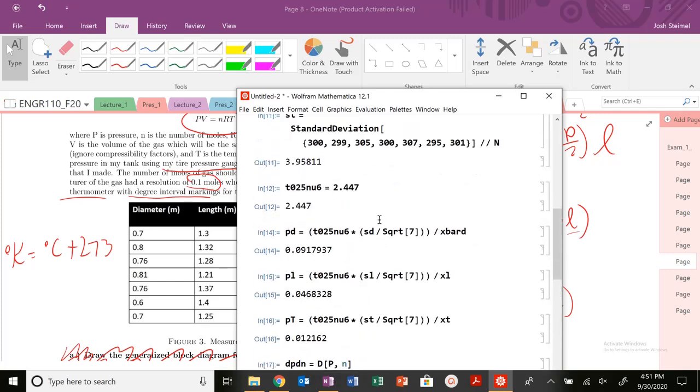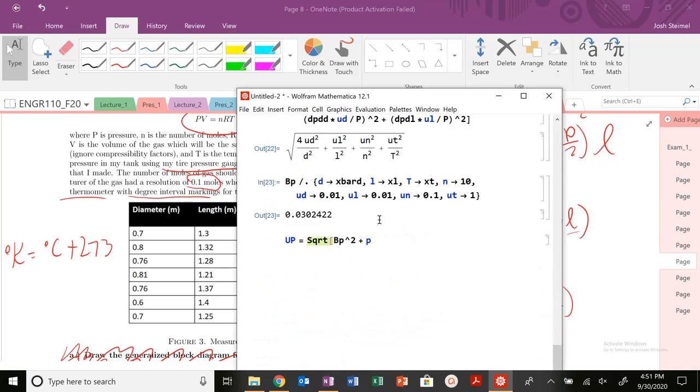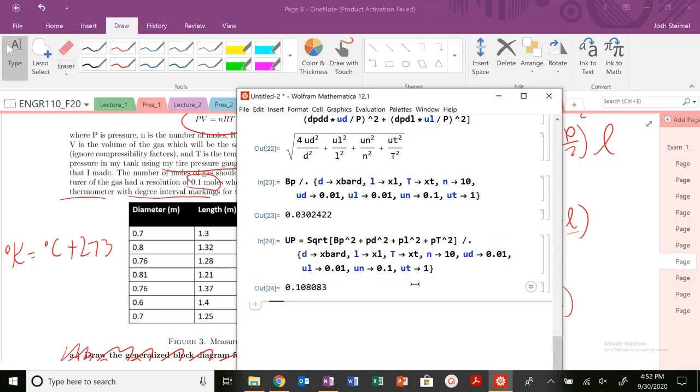Let's actually go up here and see how I find it. Precision error in D squared, plus my precision error in L squared, plus my precision error in temperature squared. And then I'm going to substitute in for all of these good values right here, and I'll get my expression. So multiply this by 100, because again, this is still a fraction.